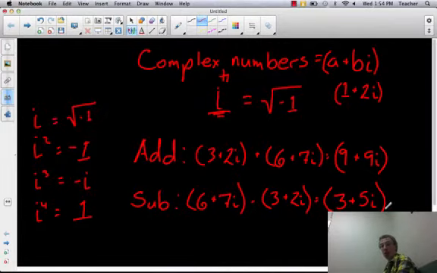Now, this is all super, super simple. If you don't understand adding complex numbers or subtracting complex numbers, you are in the wrong class. I'm being dead serious here. If this doesn't make crystal clear sense to you already, you're in the wrong place, and you need to do some serious catching up very fast.